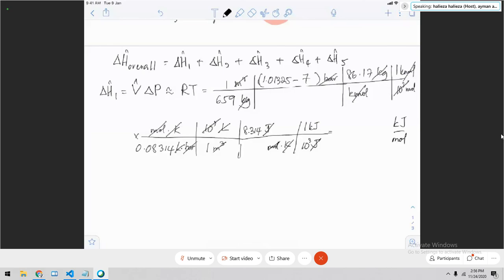You need 2 of them to get your unit in kilojoules per mole. So what's the answer? It should be negative. Why? Because 1 minus 7 bar should be negative.